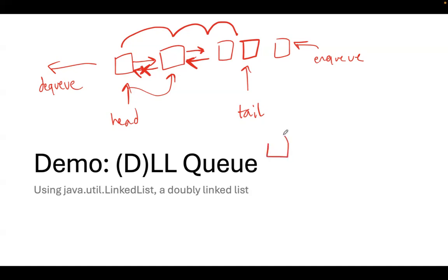So if each node has both a forward and backward link, then we need to set the previous pointer to be null. So that's what we have to do behind the scenes to say, no, really, you can't go back that way.